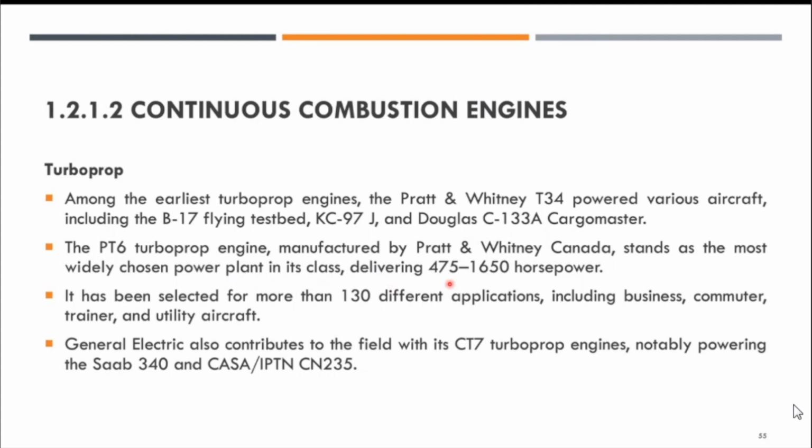It has very high horsepower and has been selected for more than 130 different applications, normally used in business aircraft, commuter aircraft, trainers, as well as utility aircraft. General Electric, GE, also contributes to the field of turboprop design with its CT7 turboprop engine. It is powering the Saab 340 or the IPTN, Industri Pesawat Terbang Nusantara, the Indonesian type of aircraft, CN235. All right.